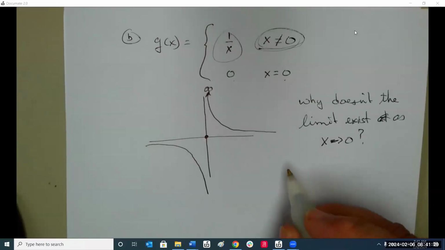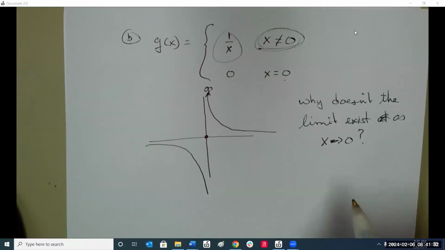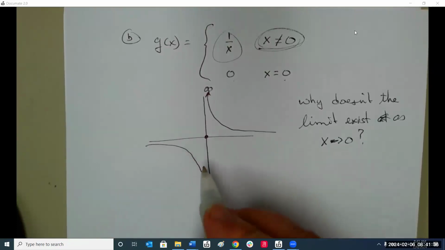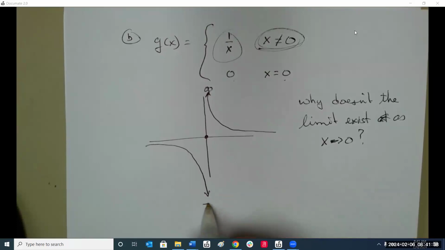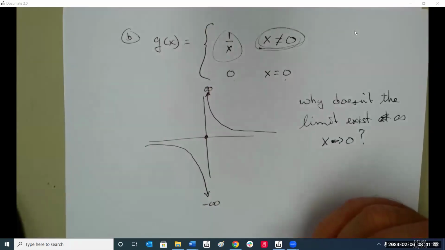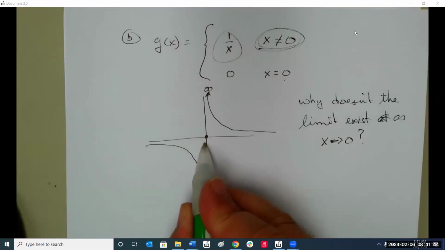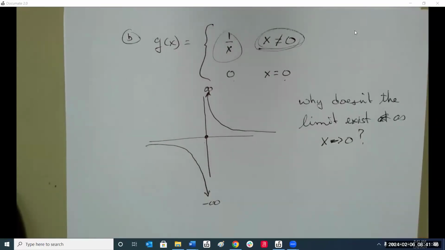So that's from the right-hand side. From the left-hand side, it's going down to negative infinity. Are they going to the same place? Is it anywhere near zero? No, that's why. Because they're going farther away from the actual value. So that's the reason that one doesn't exist.